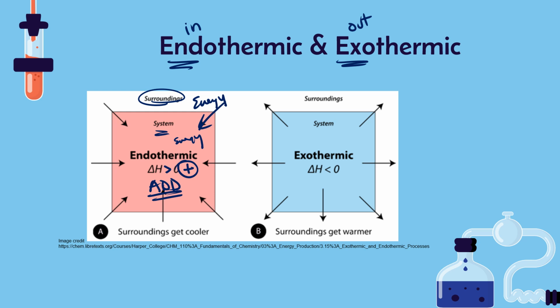Our change in enthalpy is positive. We've added more. Our exothermic reactions and exothermic physical changes are the opposite, where we're sending energy out of the system into the surroundings. So here our delta H, our change in enthalpy or our heat, is going to be less than 0. It's going to be negative because there is a loss of energy from the system. It's going out to the surroundings.